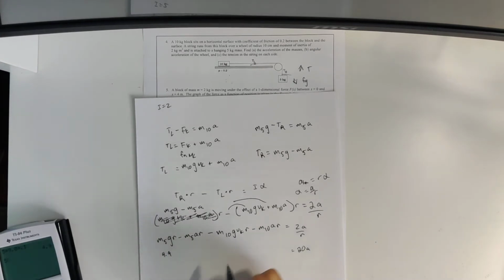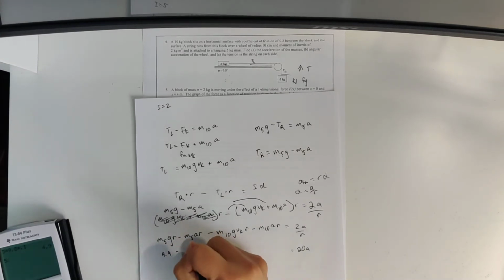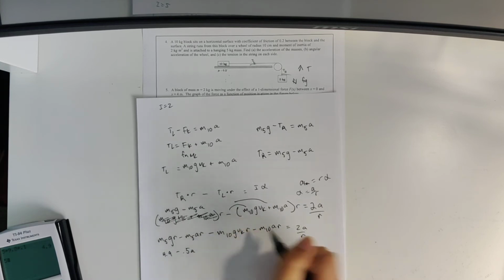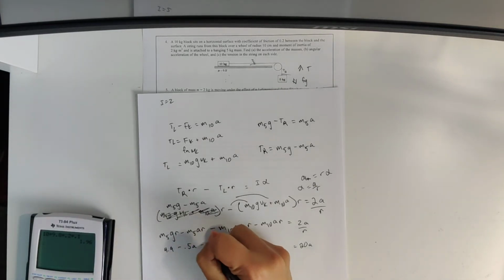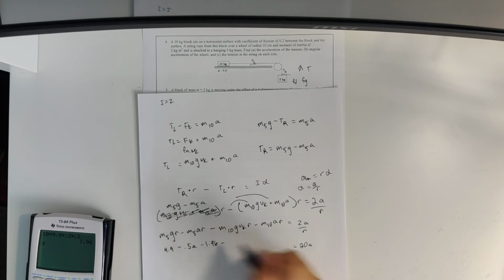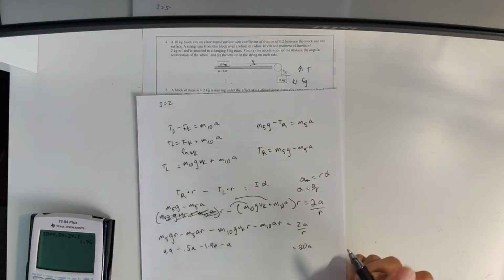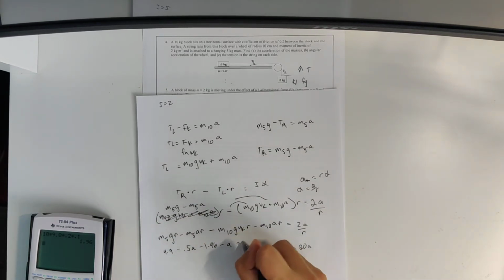Then mass 5 times R would just equal minus 0.5A. Your 10 right there, so that's mass of 10 times 9.8, and your mu K is 0.2, that was given, times your radius, which is 0.1. That gives you minus 1.96. And then minus 10 times 0.1, which is 1A.